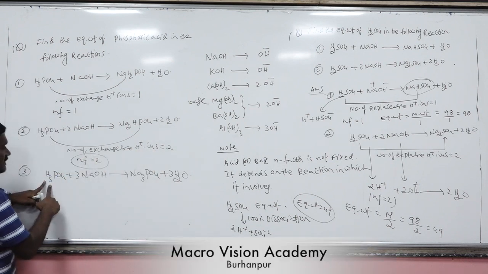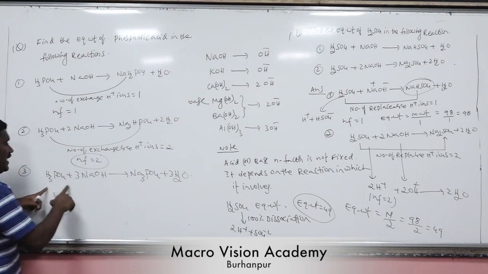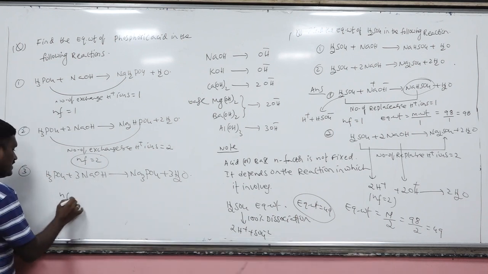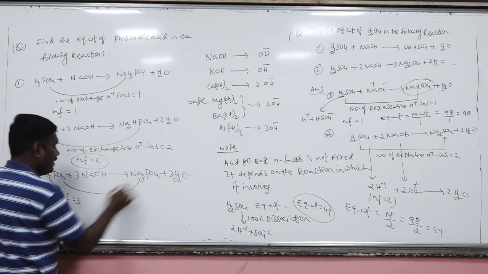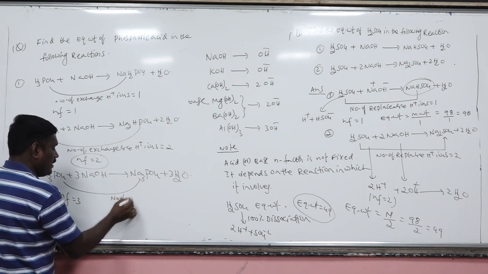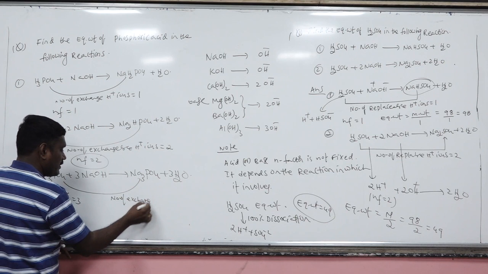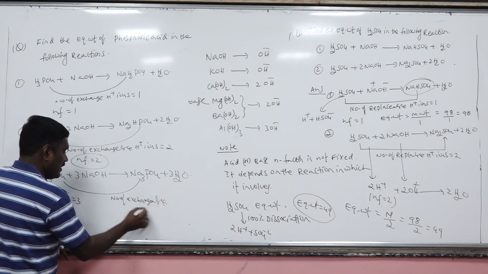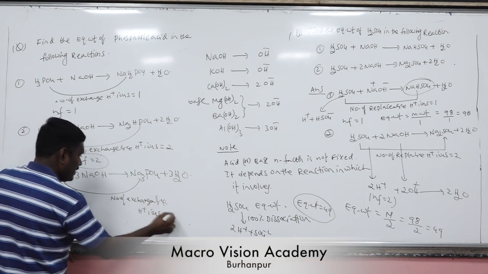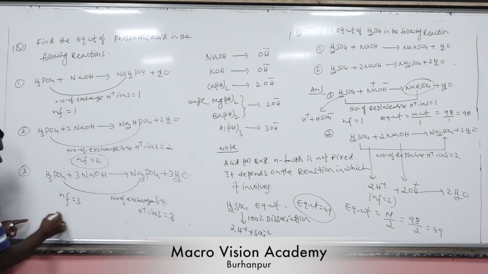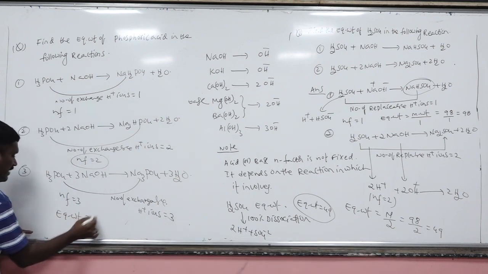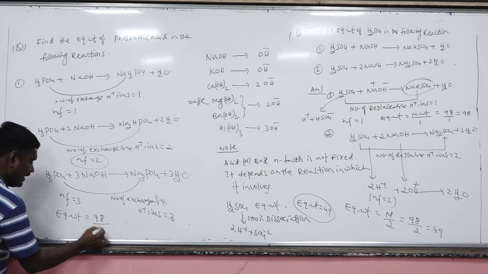Here 3 H plus ions will combine with 3 OH minus ions according to the equation. So N factor is equal to 3, because the number of exchangeable or replaceable H plus ions is 3. In this case, equivalent weight is equal to molecular weight of phosphoric acid, 98 by 3.